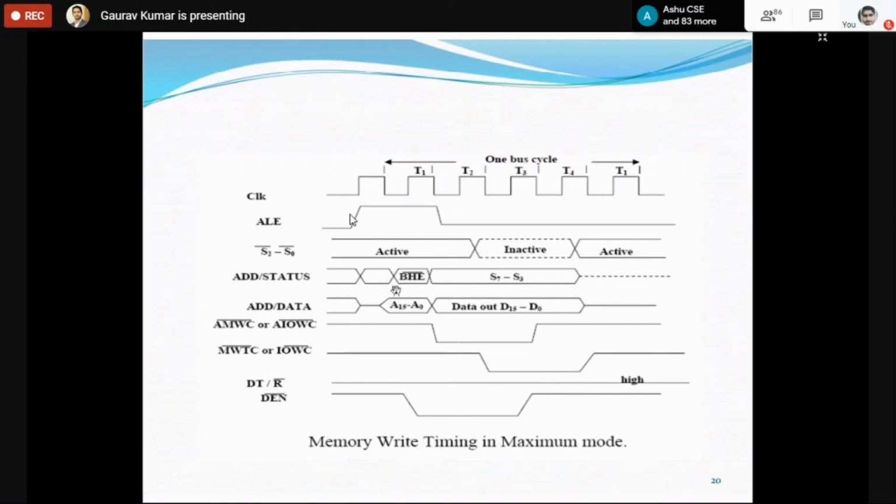After the address, data is enabled, because the DEN is enabled. After that, ALE is disabled.